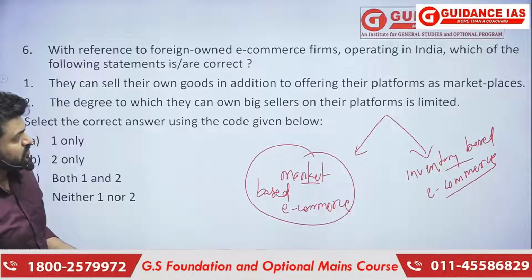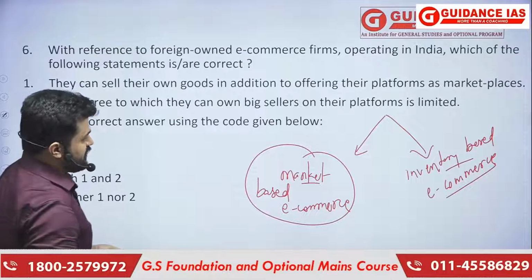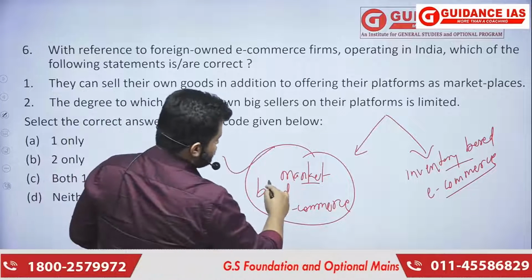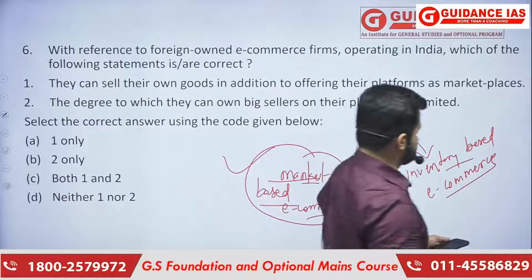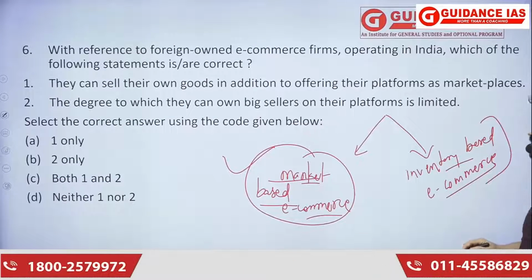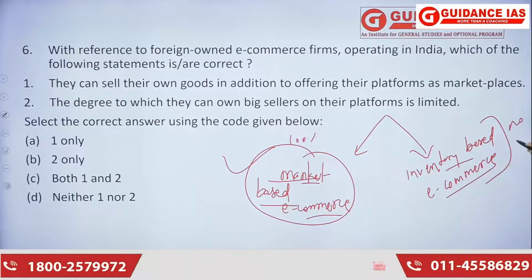Okay, so when it comes to the Indian e-commerce market, 100% FDI is available for market based e-commerce, while for inventory based e-commerce FDI is prohibited. Okay, here 100% FDI is available, here no FDI.